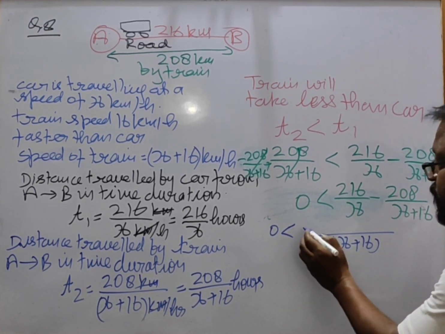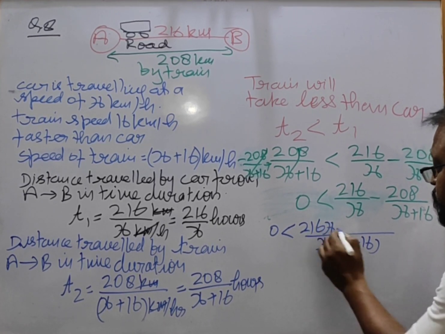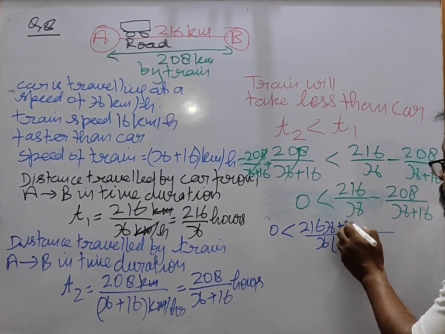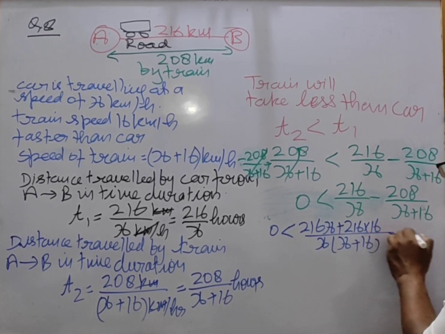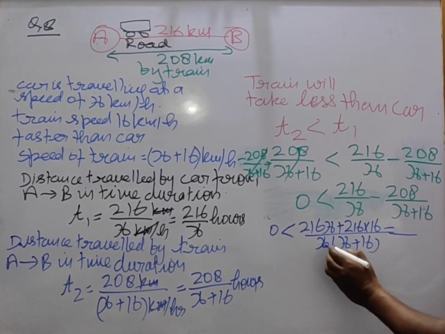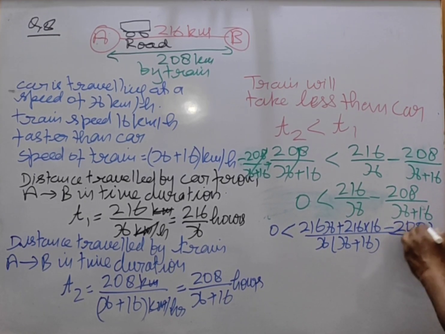So you get 216x plus 216 into 16 minus 208x.